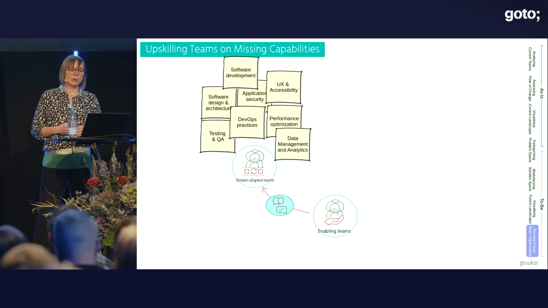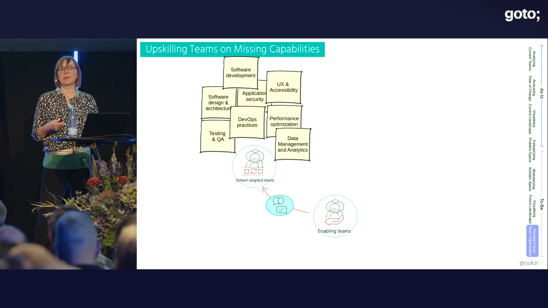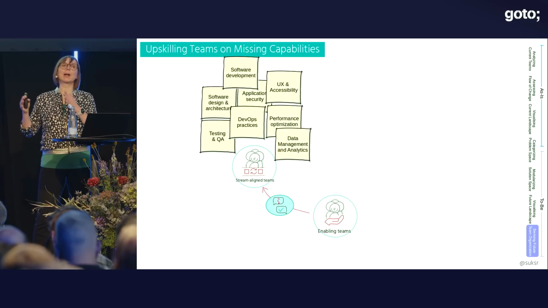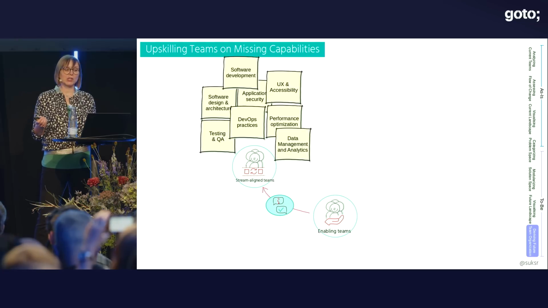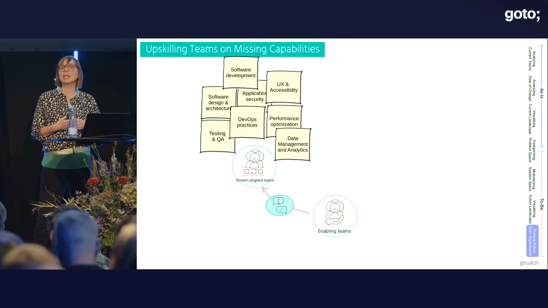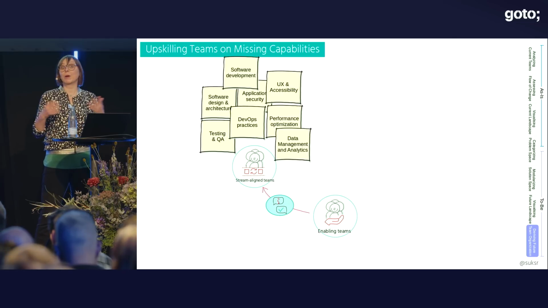And another aspect to consider for optimizing for flow is to identify and close capability gaps, skill gaps. So that's where the enabling teams can come in. The cross-functional streamlined teams need to cover a wide range of capabilities and skills, such as software design and architecture, application security, user experience and accessibility, testing, QA, also software development, of course, and much more.